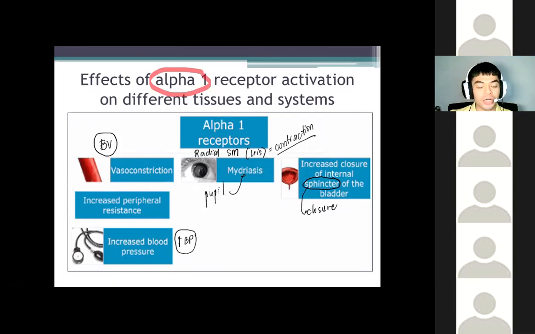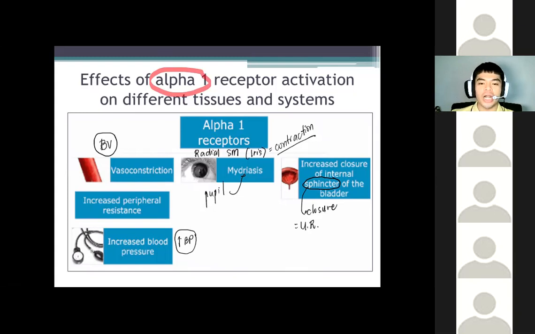Sarado yung sphincter. Question, pag sarado ang sphincter, ang ihi ba ay mailalabas o mare-retain? Retain. Okay, very good. Sarado kasi so may retention of urine. Kaya ang effect dito ay urinary retention.